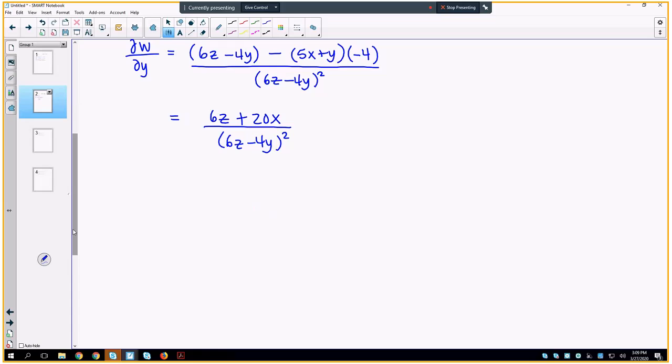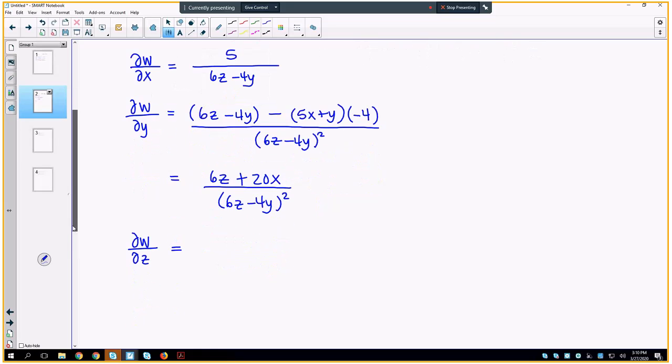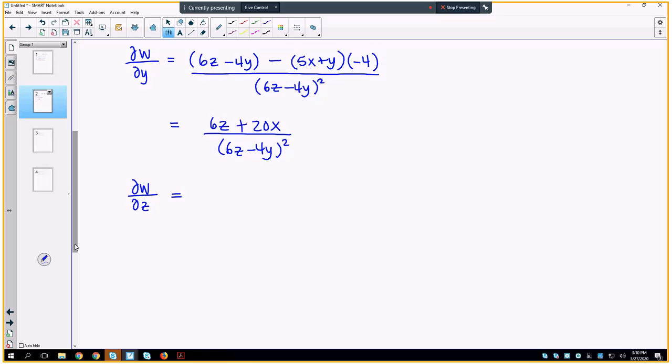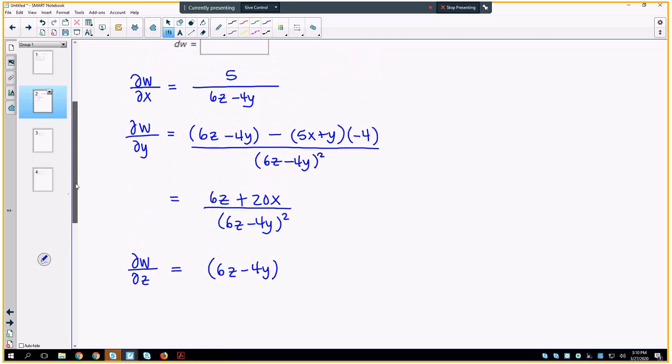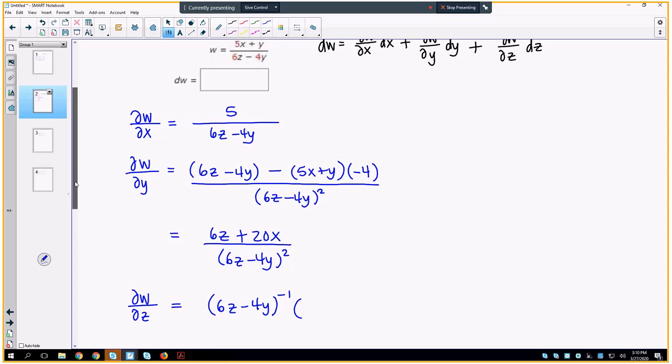Then I'll find my partial derivative with respect to z, del w, del z. And in this case, we're going to be treating x's and y's like constants. So this can be like 6z minus 4y to the negative 1 times 5x plus y.